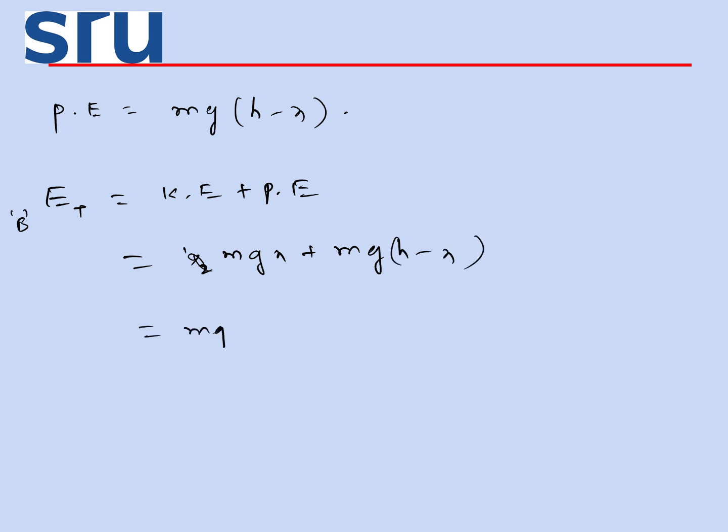So mgx plus mgh minus mgx. Plus value, minus value. So E total at point B is only mgh.